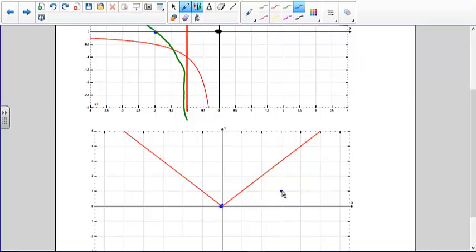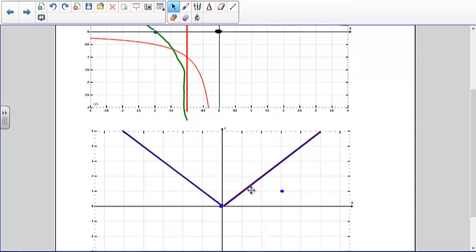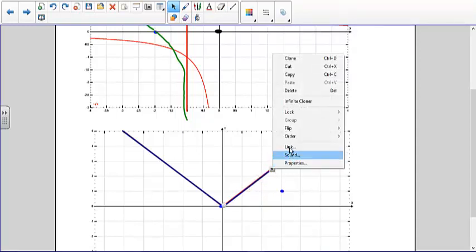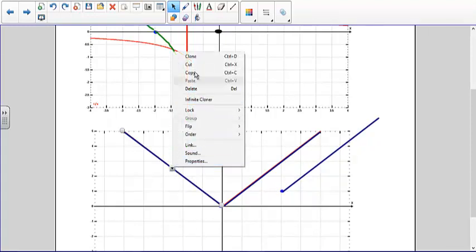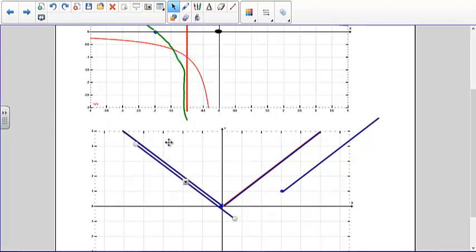So if I moved the origin this many units in the x direction and this many units in the y direction, what I'm going to do is just draw right over top of this, the original parent function, like that. So if I made a copy of that thing, cloned it, I put that so that line ends there, and then this line, clone it, that would go over to here.